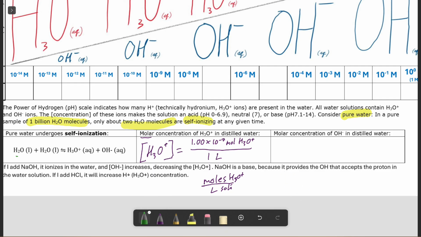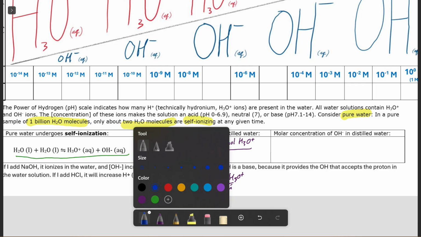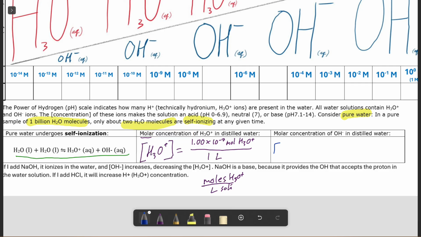Likewise, as this thing is ionizing down here, if I wanted to create the molar concentration of hydroxide, it would be the same in distilled water. I'd also have 10 to the negative 7 moles of OH negative in 1 liter of distilled water.